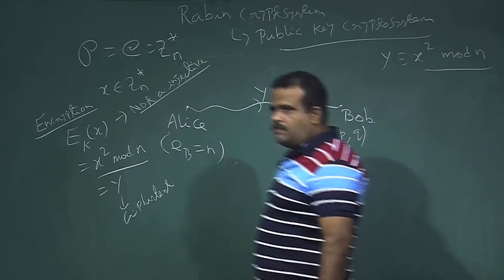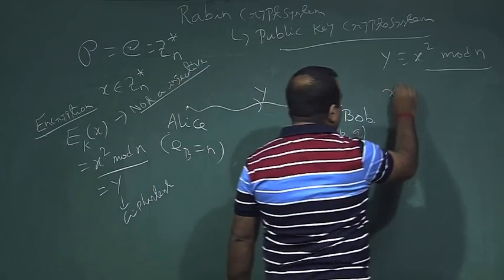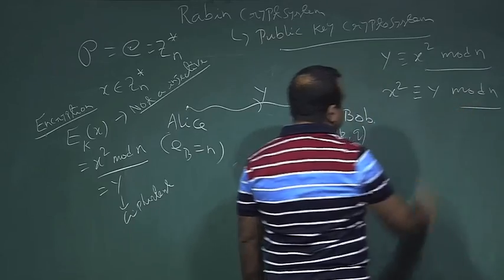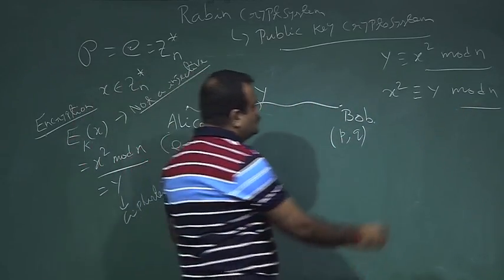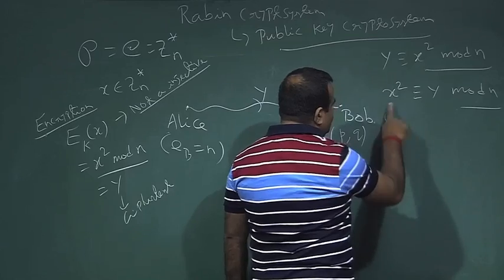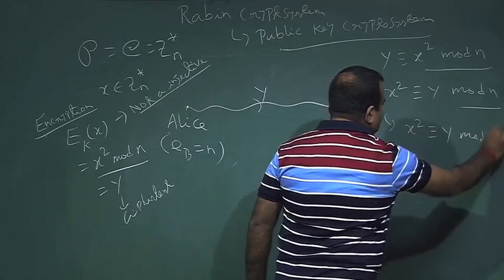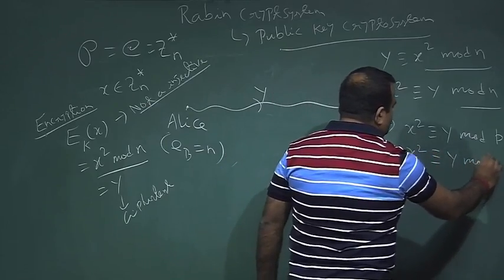So, how will Bob get back x? That means x square equals y mod n. Now, by the Chinese remainder theorem, this can be broken into two parts. So, x square is congruent to y mod p and x square is congruent to y mod q.